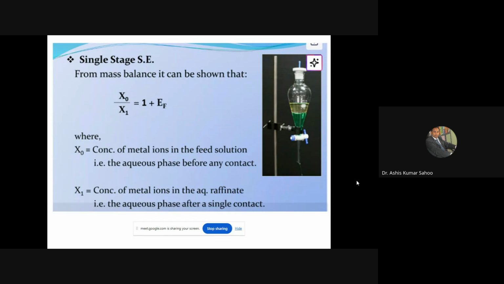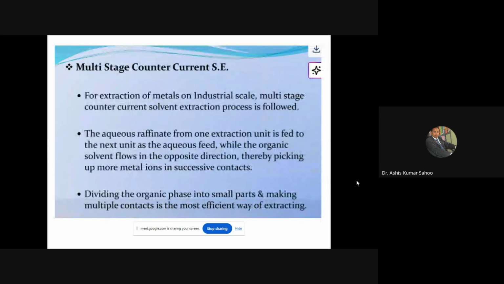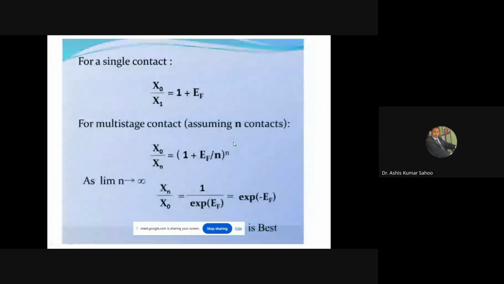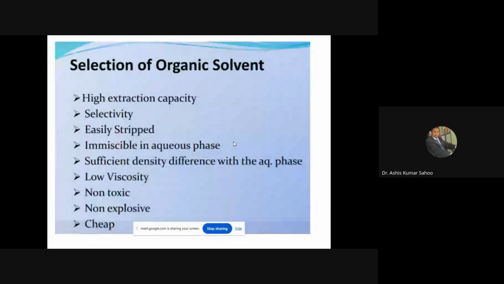From mass balance it can be shown that X0 by X1 is equal to 1 plus the distribution coefficient. Then there are multi-stage countercurrent, single-stage systems, with different equations. For the selection of organic solvents: high extraction capacity, selectivity, easily stripped, immiscible with the aqueous phase, low viscosity, and non-toxic solvents.